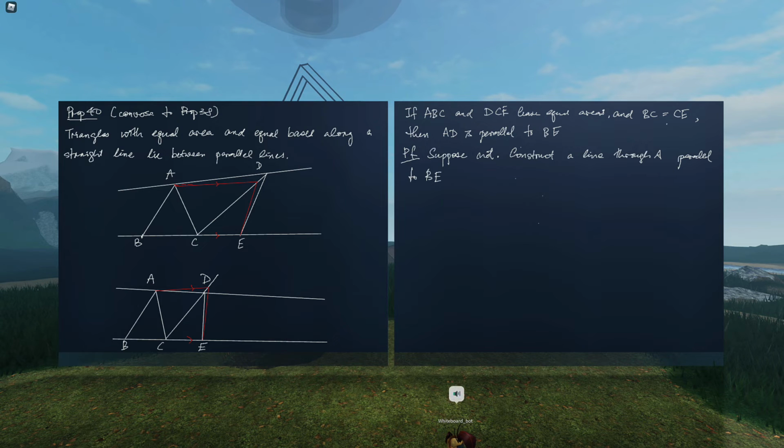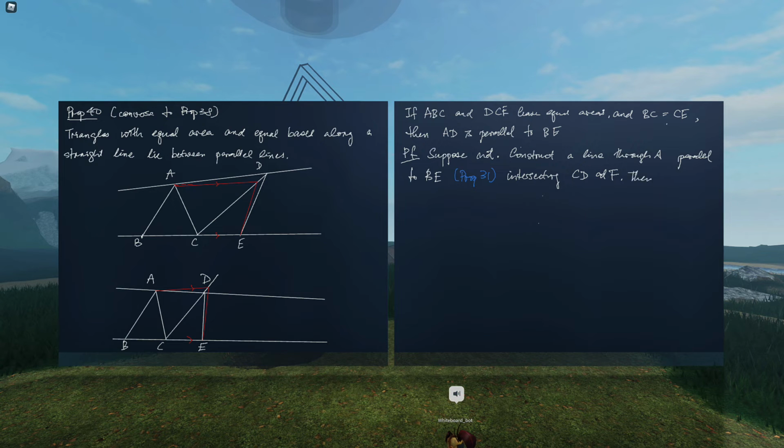We know we can do that from a previous proposition, 31, which allows us to construct lines parallel to a given line through some other point. So we construct this line parallel to BE, intersecting CD at F, and join up F and E as shown in the diagram.